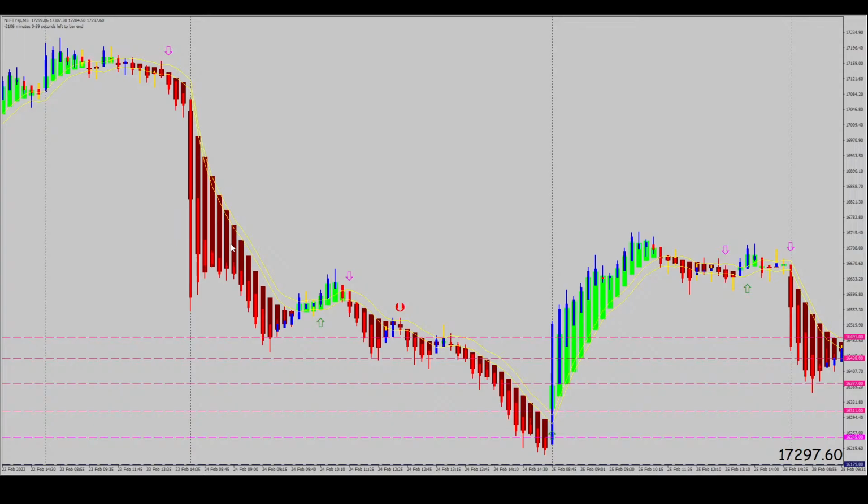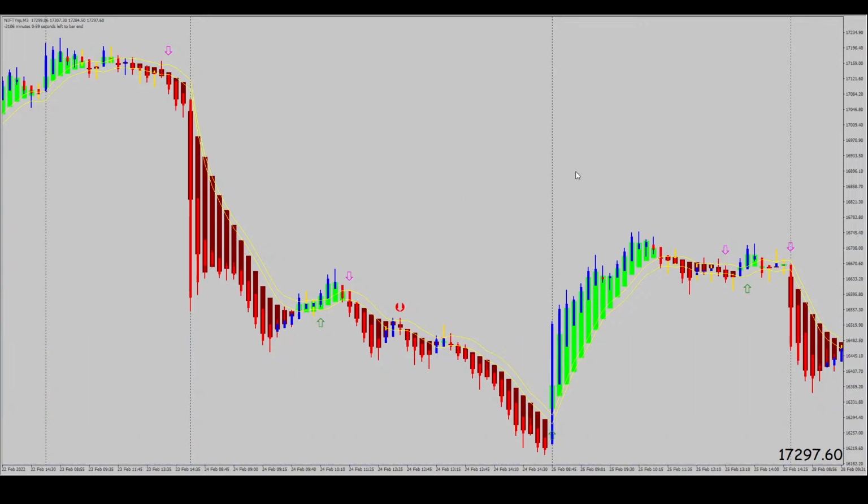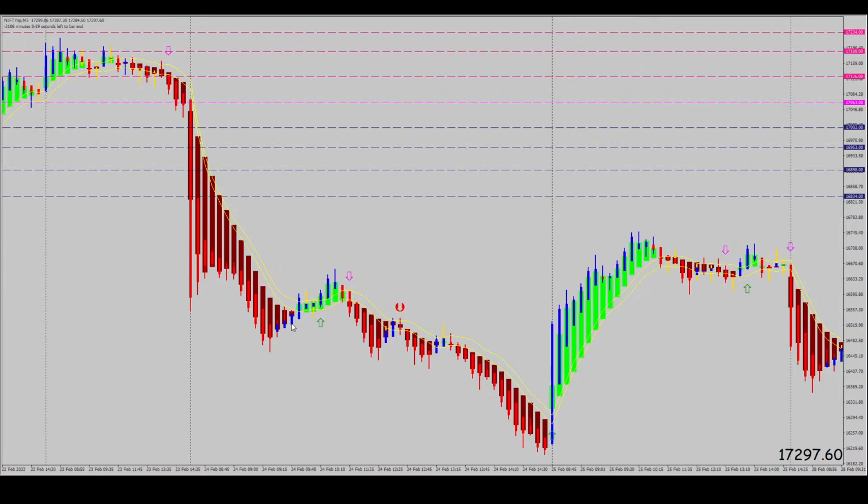Give me a second. This is 24th February levels. This is how it has been plotted.